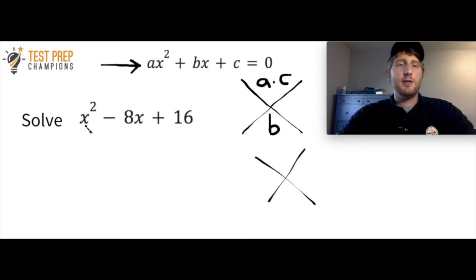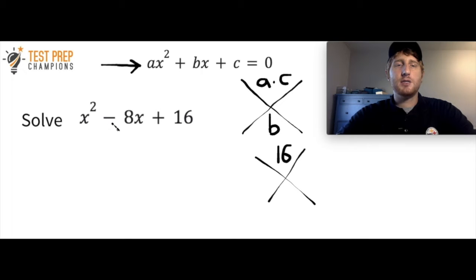Now, let's do a times c. Remember we said that this is just a 1 right here. What is 1 times 16? Well, 1 times 16 is just 16. So I'm going to write a 16 right here. Now I want to fill in the b down here. What is my b?